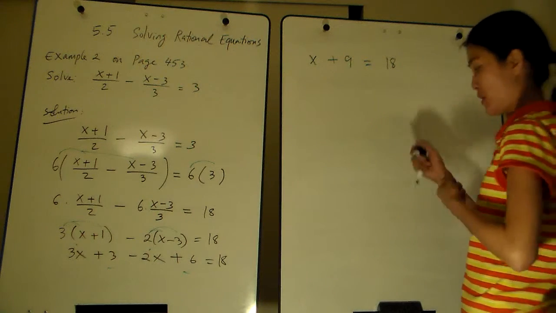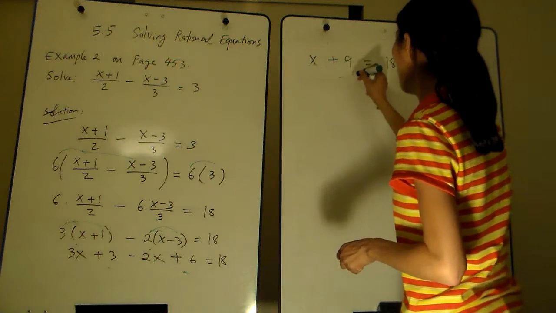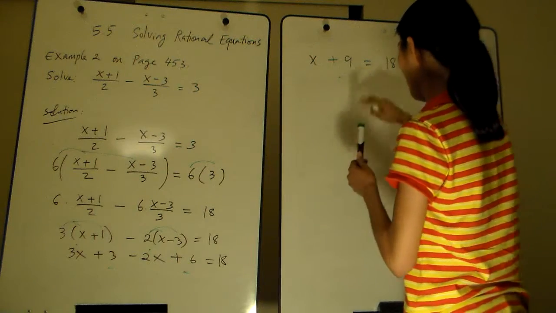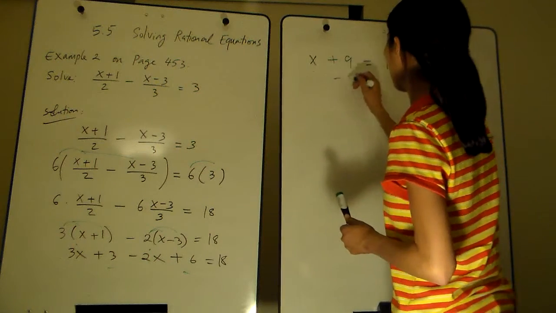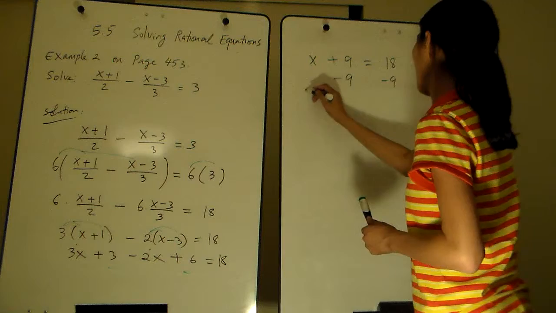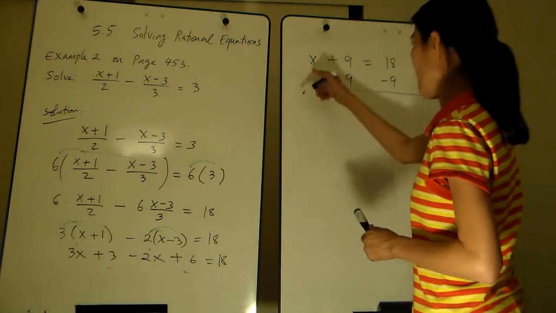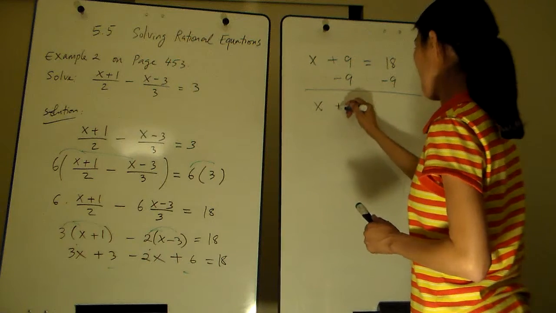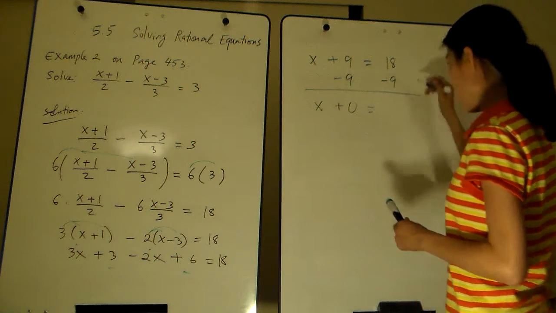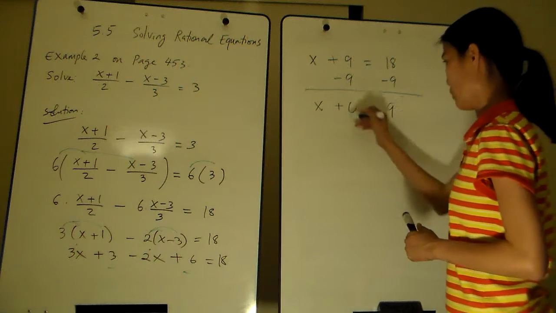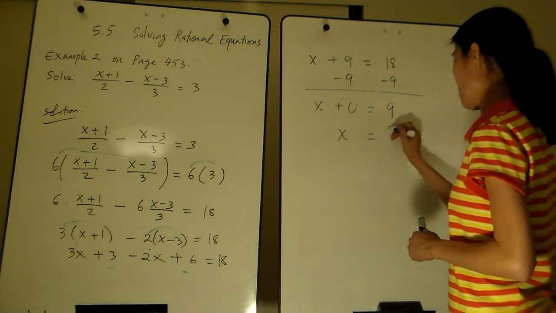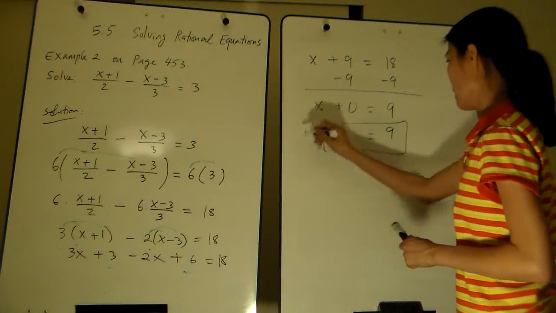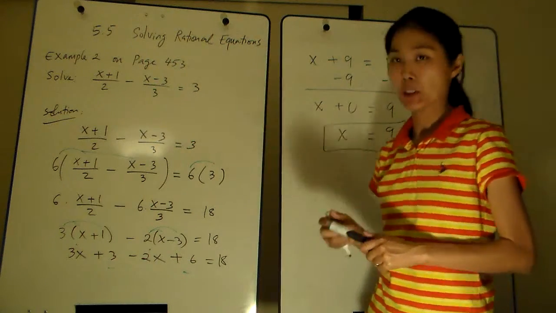Using the addition property, you subtract 9 on both sides. Simplify, you have x plus 0 is x. 9 subtract 9 is 0. 18 subtract 9 is 9. x equal to 9. So this is the solution to this equation.